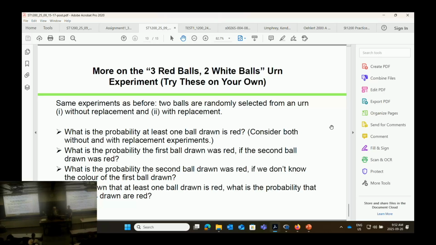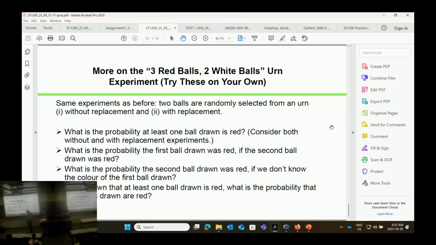HDMI. Okay, so I left these one day questions to try on your own. And I don't know whether people tried them on their own. A bunch of them are pretty easy. I won't go through taking them up. And the with-replacement case is pretty easy in lots of ways because we end up with independence.